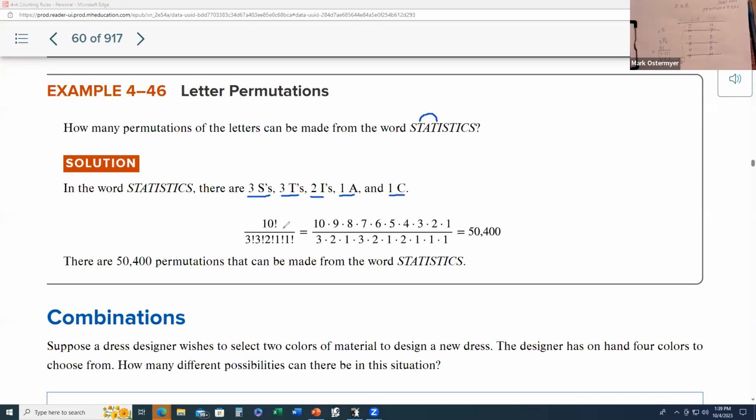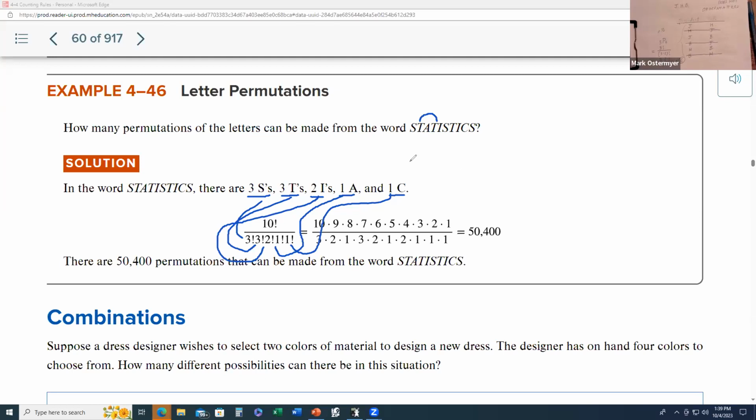So, therefore, we have 10 letters total in the word statistics, 10 factorial, divided by 3 factorial, times 3 factorial, times 2 factorial, times 1 factorial, times 1 factorial. And when you go through and work this all out, using your calculator to help you out, we would discover that there's 50,400 unique arrangements, okay, of these letters in the word statistics.